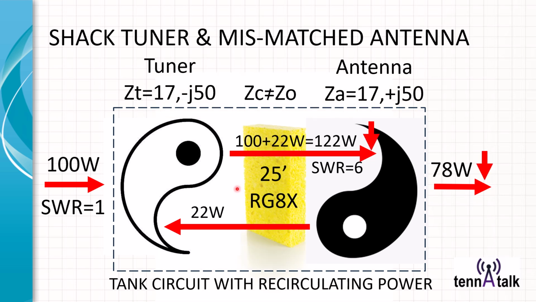I'm creating a tank circuit, a resonant tank circuit with a big old sponge in the middle of this thing, sucking power each direction. And so this is not very efficient. I get 78 watts out. Still not all that terrible, but you'll see when you go to 100 feet, it goes down pretty quick.